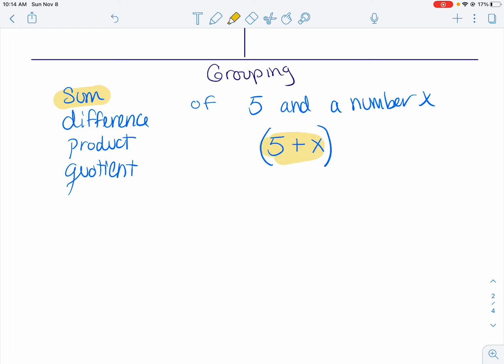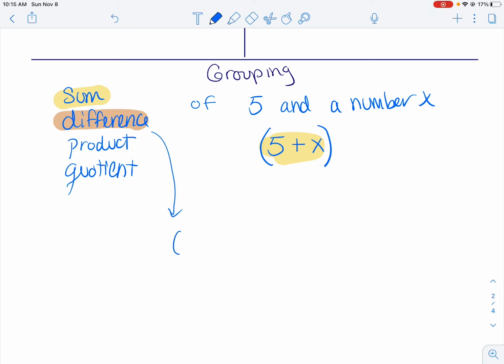Whenever you hear the words sum, difference, product, and quotient, think about that grouping as if it's in parentheses. It's one value. It is the sum, which means it's the outcome of adding those two things. It's not just that the addition sign should show up. Same if they said difference of 5 and a number.